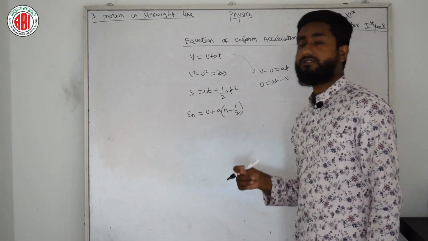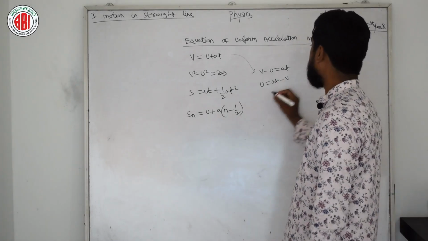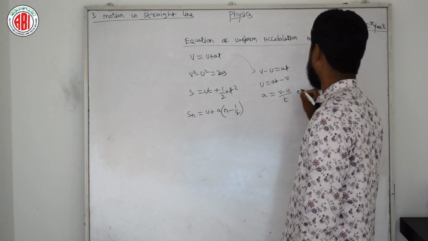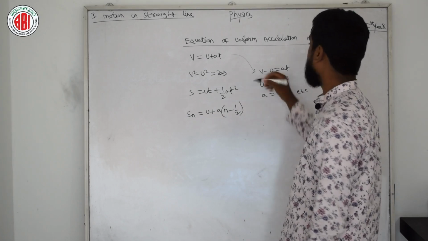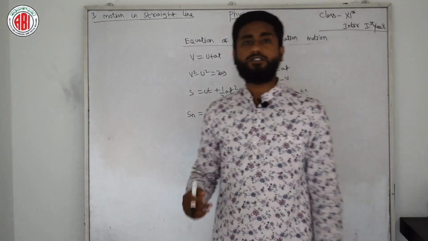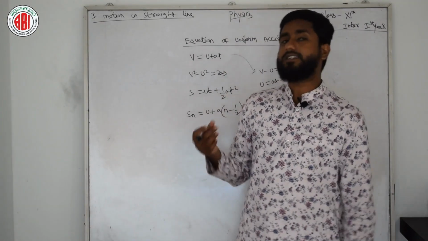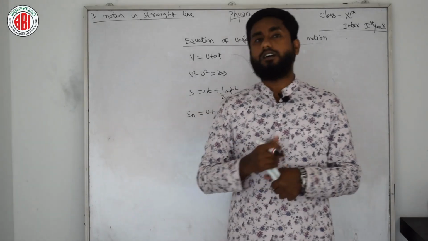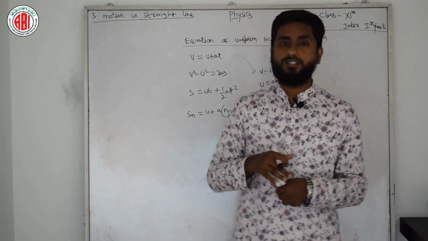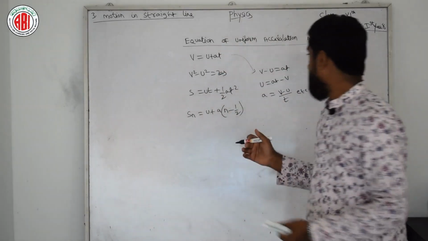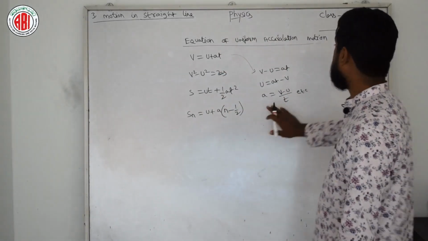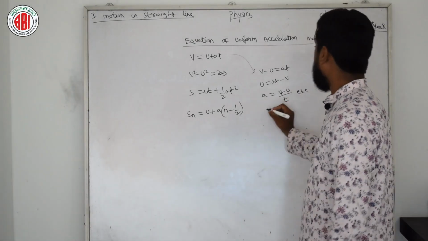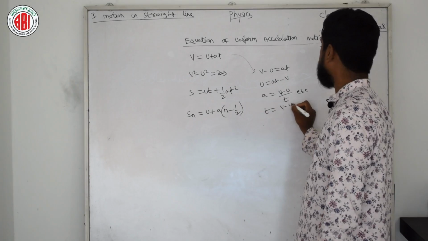If I want it in terms of a, I will write a = (v − u)/t, etc. That means this is the basis of all the formulas we can derive for a thing which is at rest or in motion. If I want only t, then I can write t = (v − u)/a.